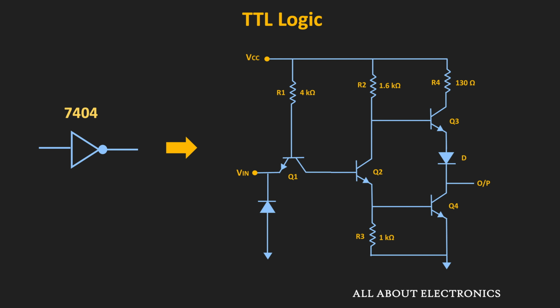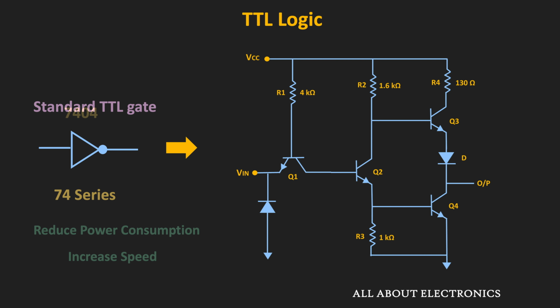After the standard TTL gates, different versions of the TTL also came. The main purpose of all these versions was to either reduce the power consumption or to increase the speed of the TTL gates. The typical power consumption of the standard TTL gate is roughly around 10 milliwatt, while the speed or propagation delay of this logic gate is roughly around 9 to 10 nanosecond.